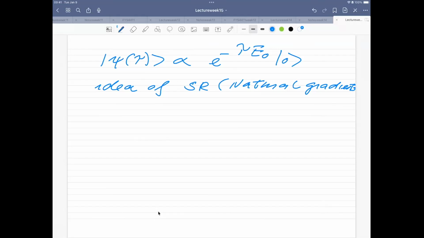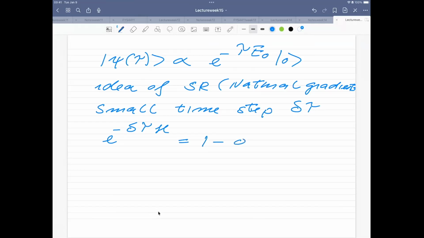So let's do a small time step, delta t. And what we are going to do is just to keep terms to first order in delta t. So for small time steps, this e^(-delta tau H) is something which we can then write as 1 minus delta tau H plus O of delta tau squared.